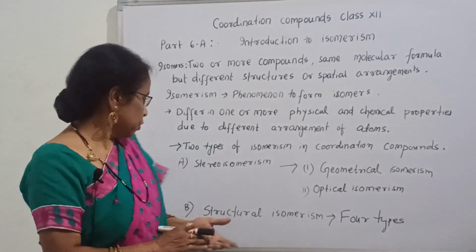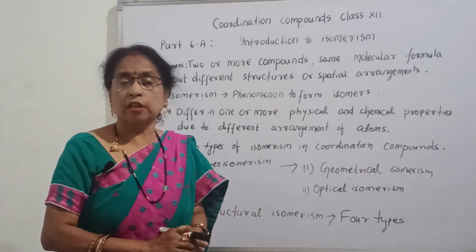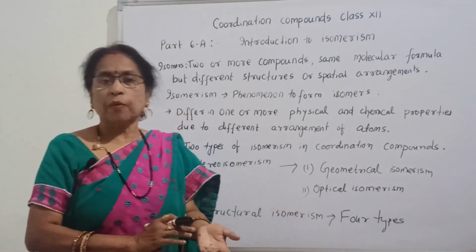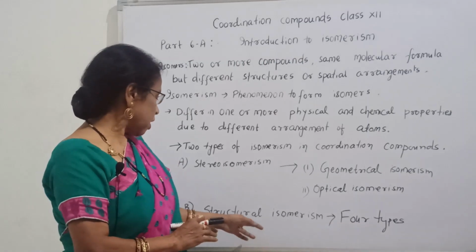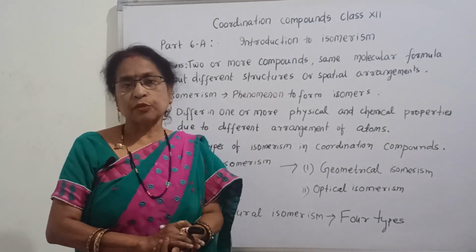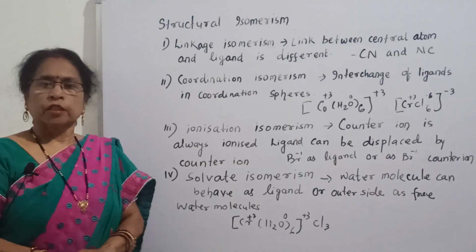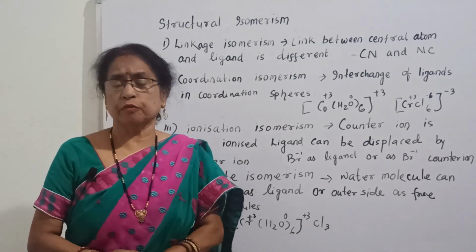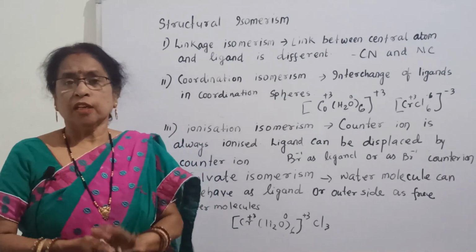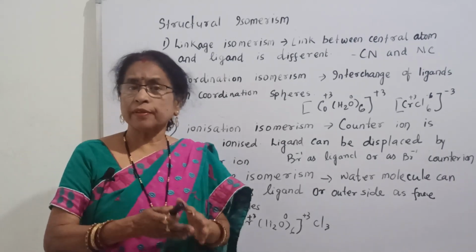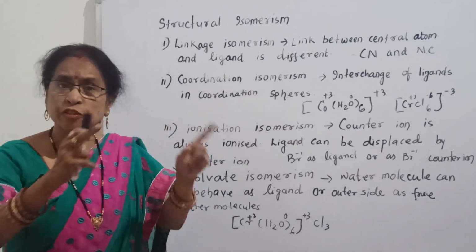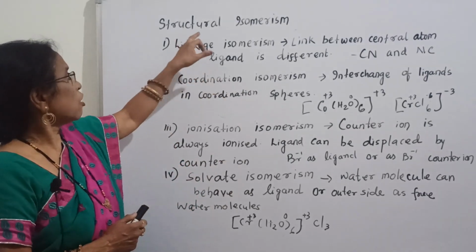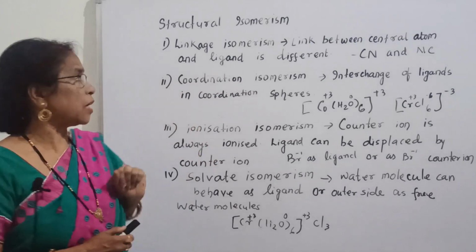Now we will proceed to the structural isomerisms. What is structural isomerism? Where structures are different, meaning different arrangement of atoms in structure, that is called structural isomerism. Structural isomerism has four types.